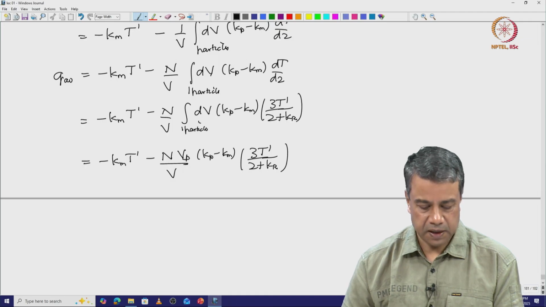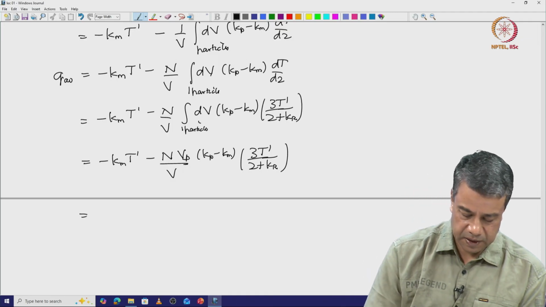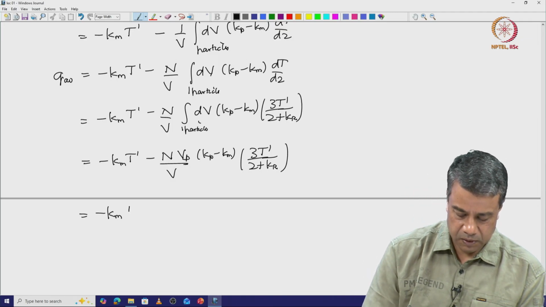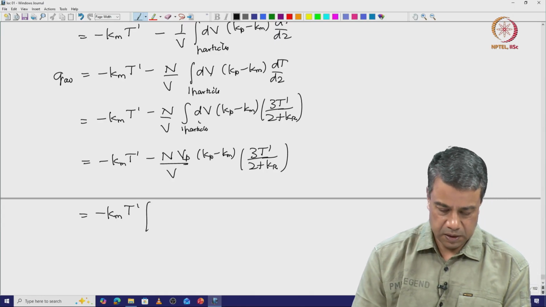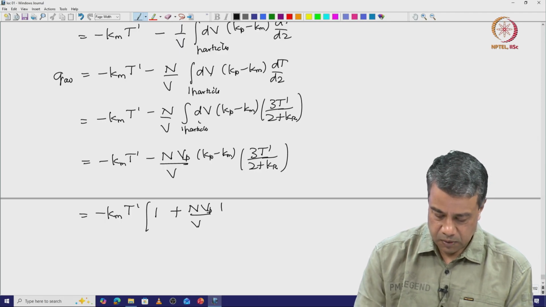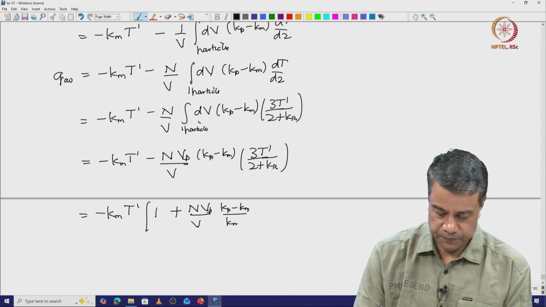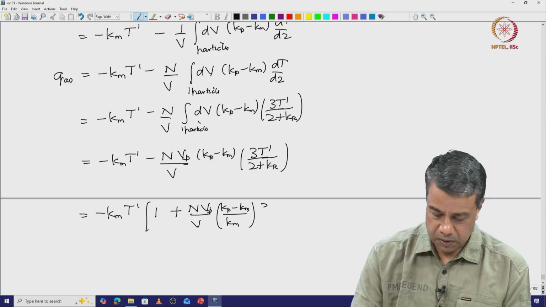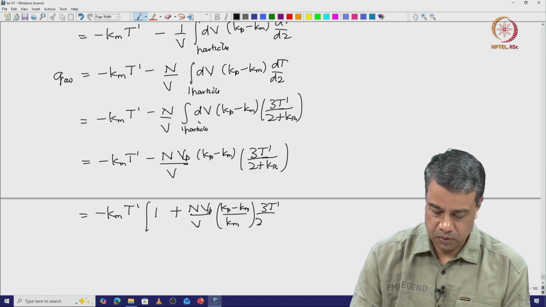You can see I can take a factor of minus Km into T prime out. The first term is just equal to 1. The next term is equal to n Vp by V into Kp minus Km by Km, into 3 T prime by 2 plus Kr.